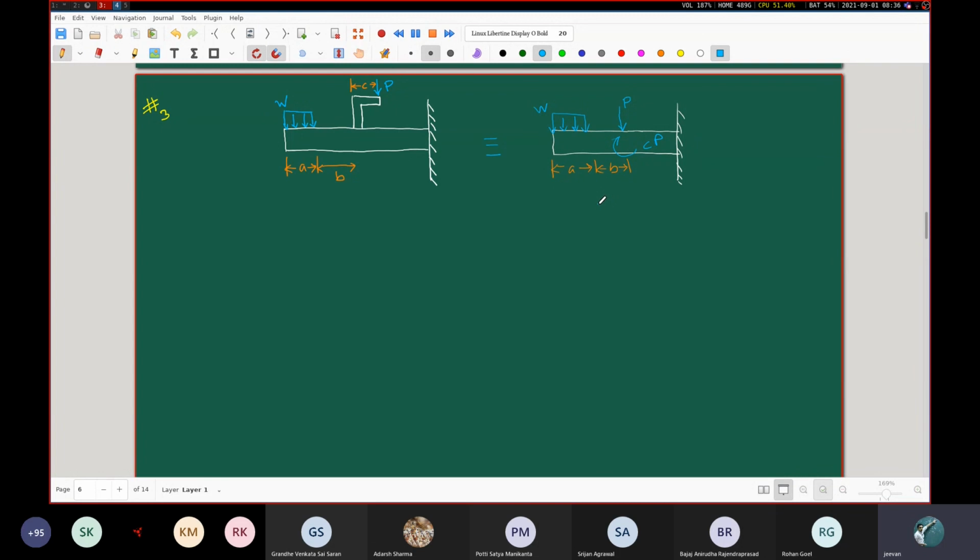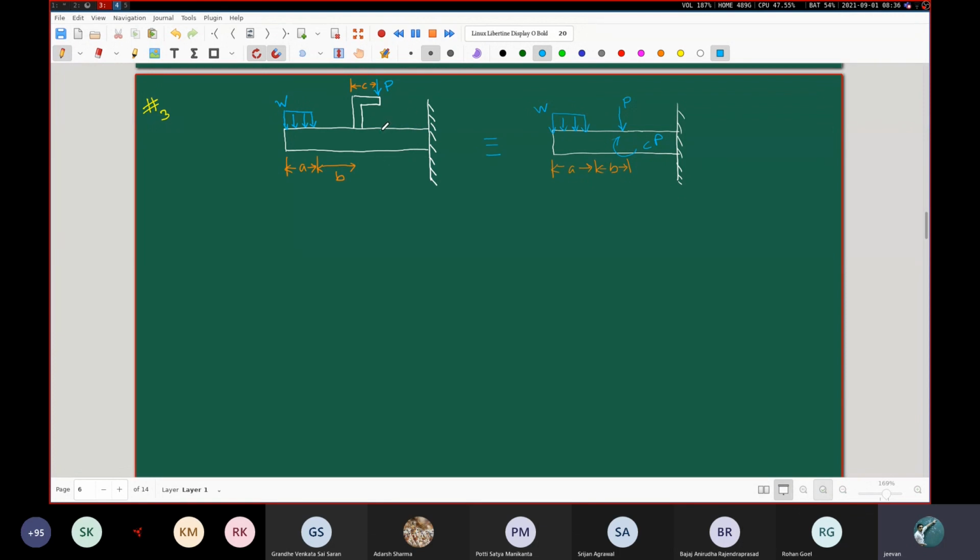In many other problems, including one in the tutorial sheet, you will have to draw this kind of equivalent system. You can also have a complicated structure on top of the beam, with some kind of cable to the wall, under tension, with an oblique force. All sorts of complications are there.